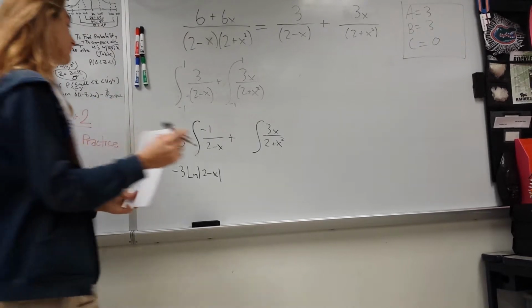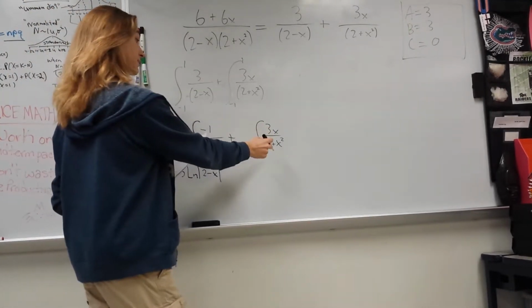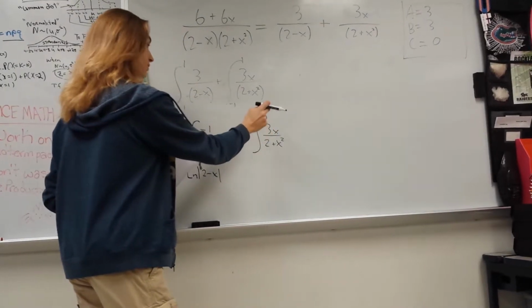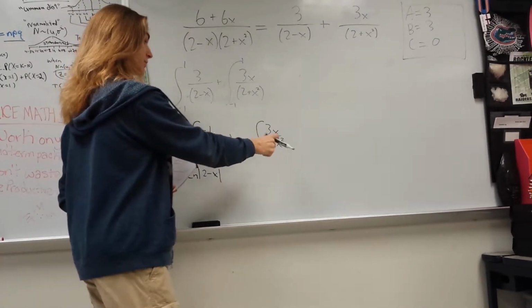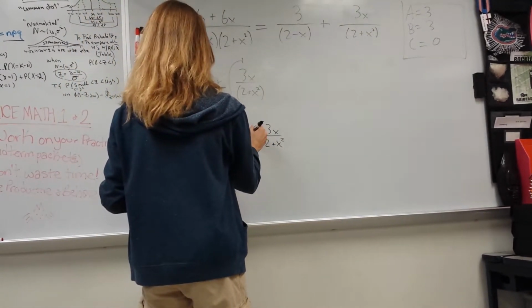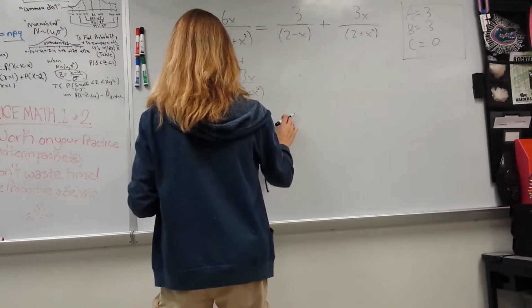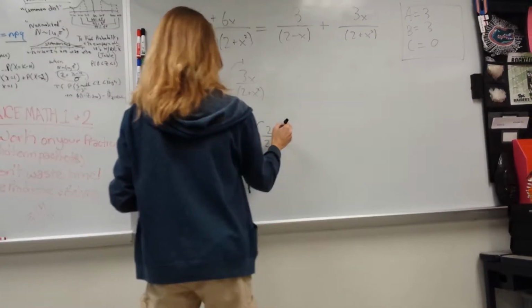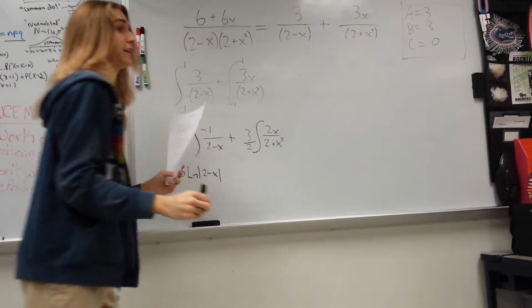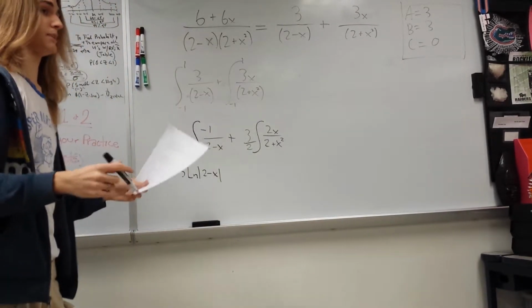Okay, so to integrate this one, again we need to make it a du over u, so we need 2x on the top. What we can do is pull out the 3, divide by 2, put a 2 here, and then put a 2 on the bottom, so that the 1/2 here negates it, basically equal to 1.